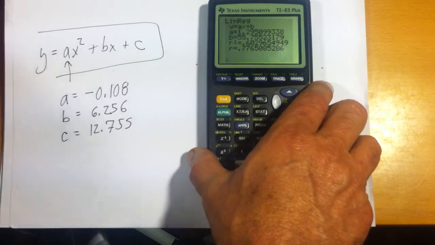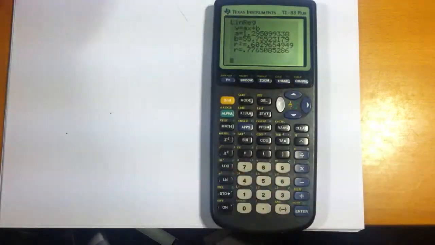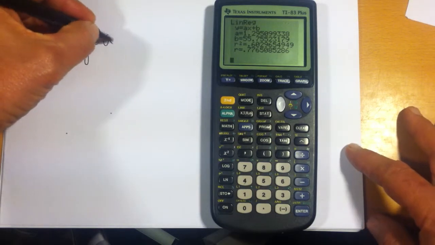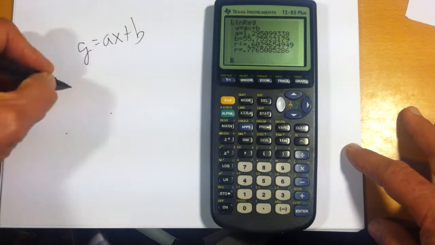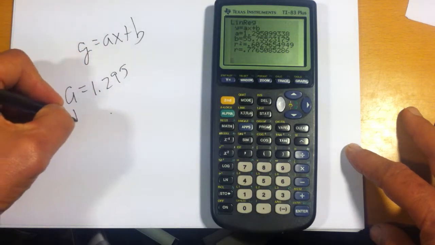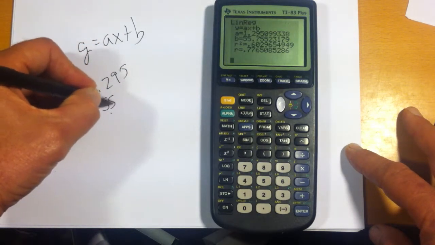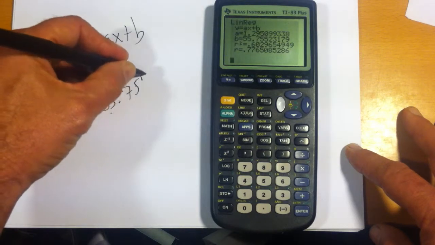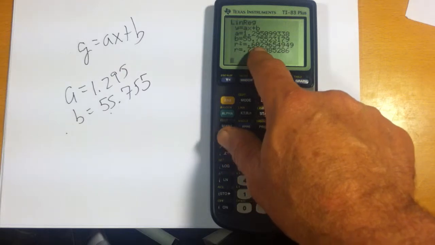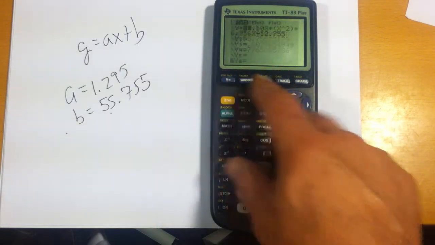Let me write down that information. There you have y is equal to ax plus b, where a is equal to 1.295 and b is equal to 55.755. R squared is now only 0.60, so clearly we explain a lot less than we did in the last regression.